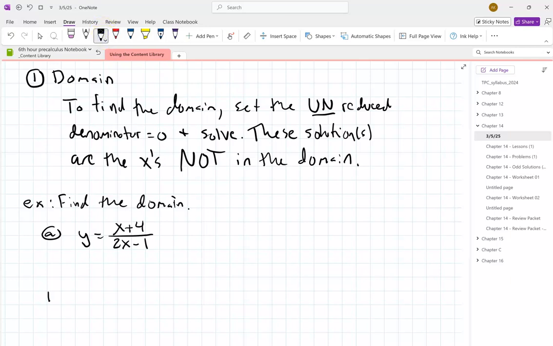So we're going to look at 2 examples here.